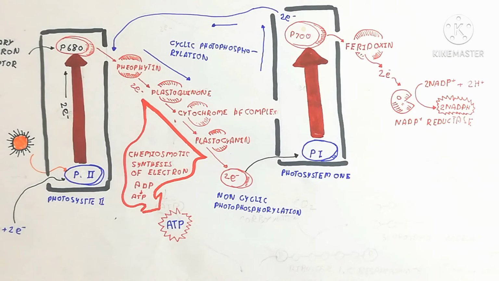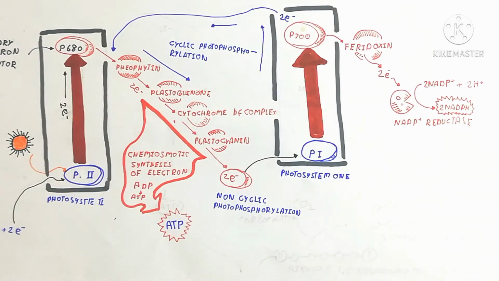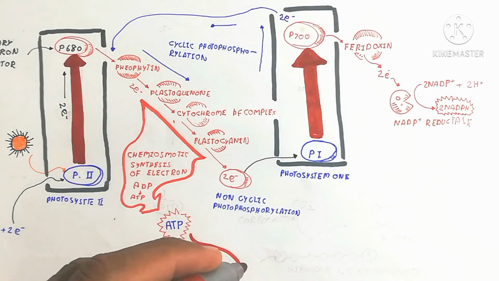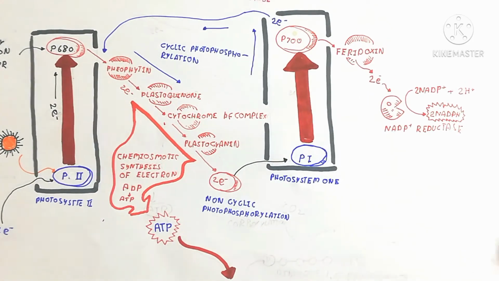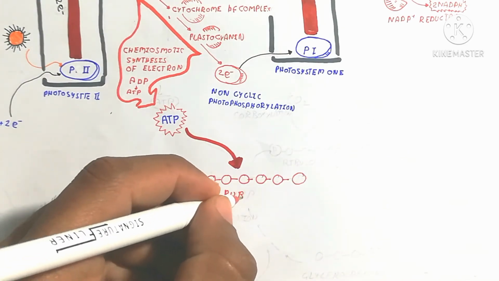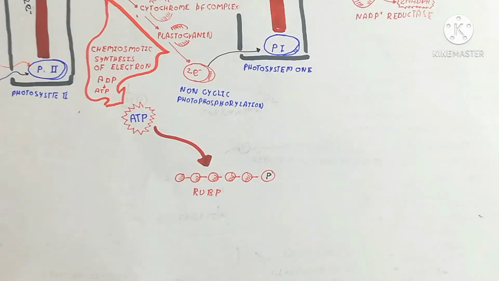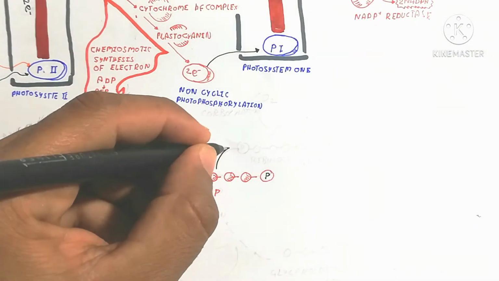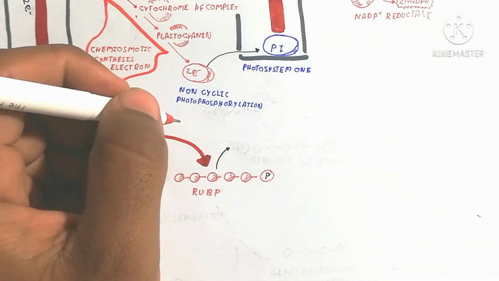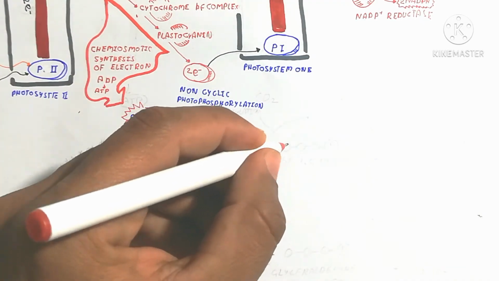If too much NADPH is present for the requirement of the Calvin cycle, there is no need to make NADPH, so the electron goes back again in a cyclic activity from the primary acceptor toward the photosystem 2 side. That is known as cyclic photophosphorylation: photo means light, and phosphorylation means ATP production.